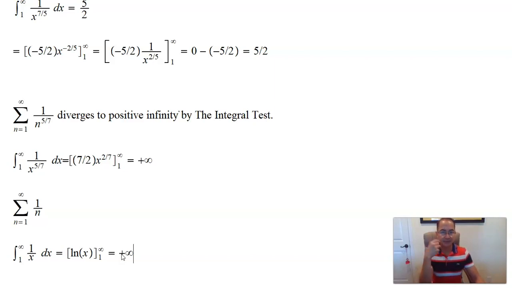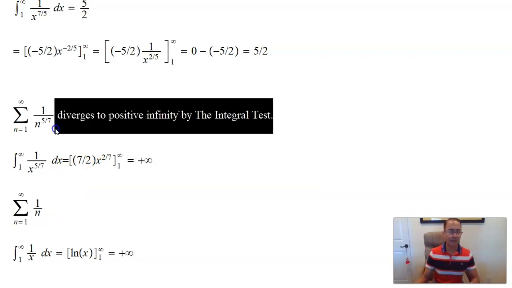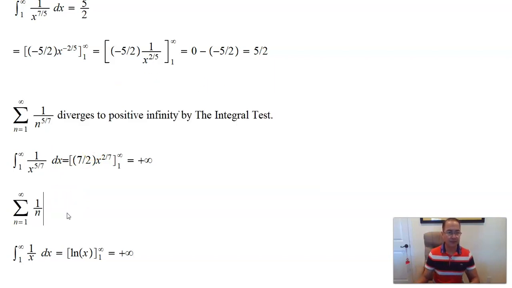So the pattern: 1 over n to the 7/5, no problem, converges. 1 over n to the 1, just 1 over n, diverges. 1 over n to the 5/7 also diverges to positive infinity. We have the same conclusion for our summation of 1 over n.